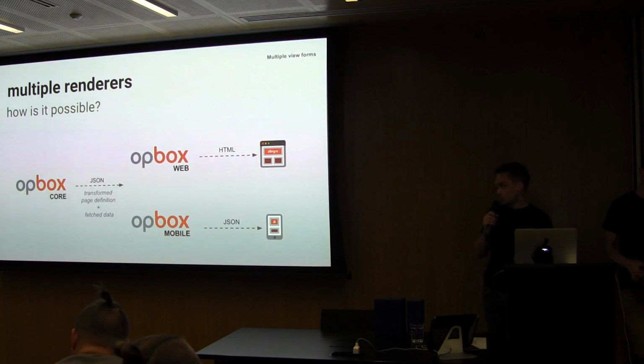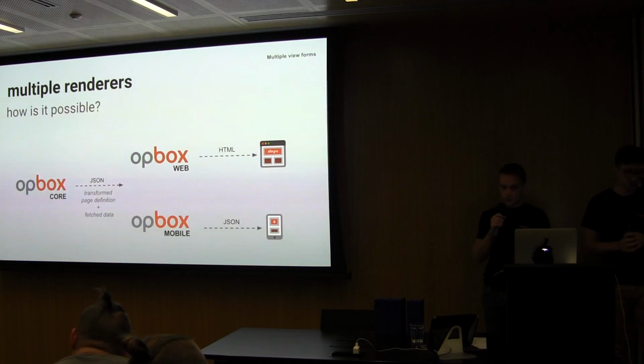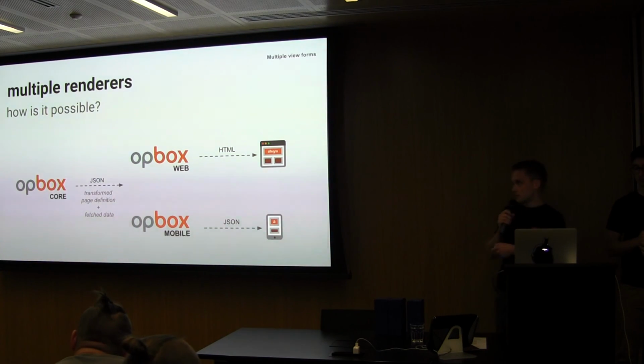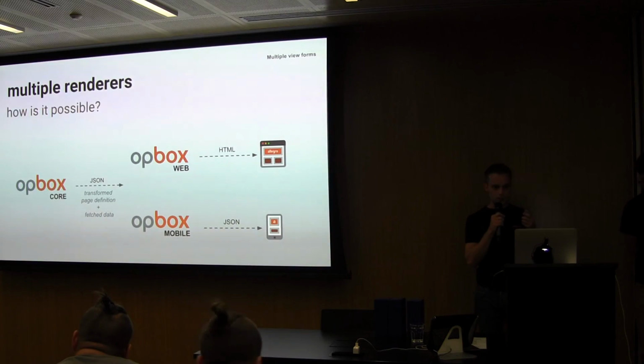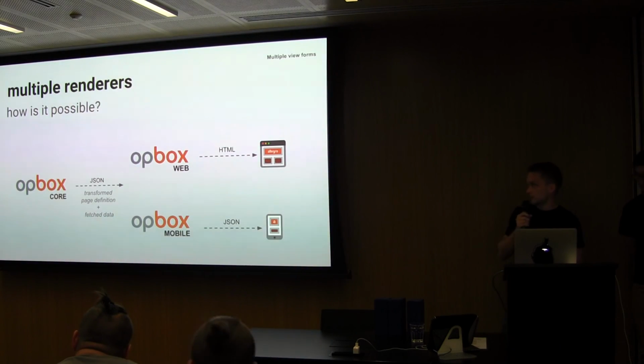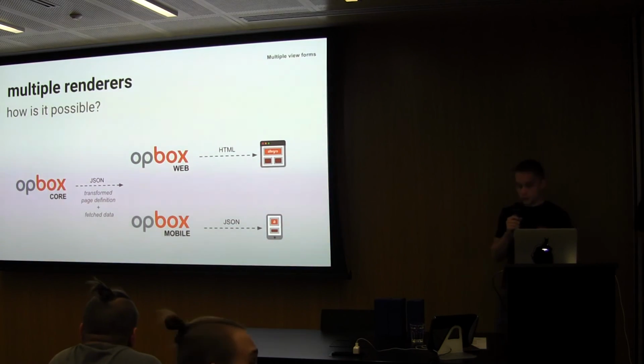And what opbox core does is hide the complexity of the underlying microservices from renderers. It produces an intermediate render form, the intermediate page render result, and this result is then an input to the renderer.